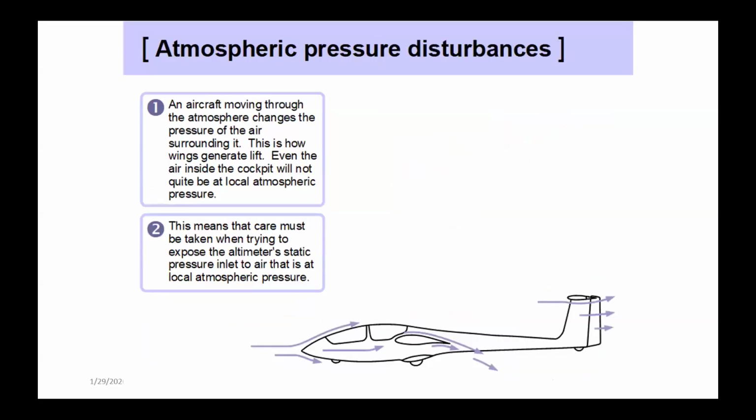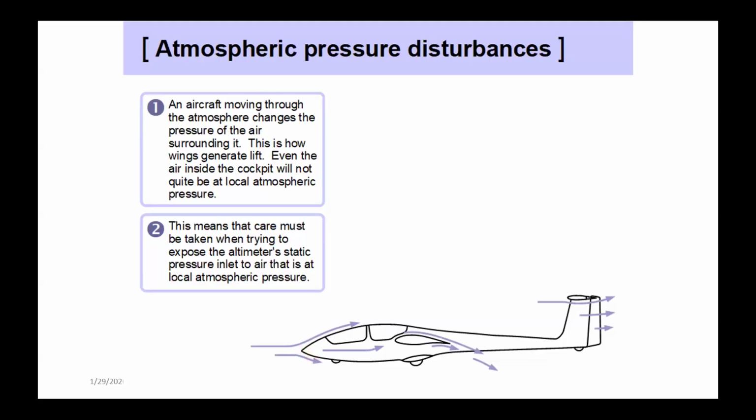In general, with the aircraft moving through the atmosphere, what we're looking for is locations on the airframe that are deep in the boundary layer, and clear of most of the aircraft's flow field. So you really wouldn't put it right up close to the nose, although some manufacturers do.